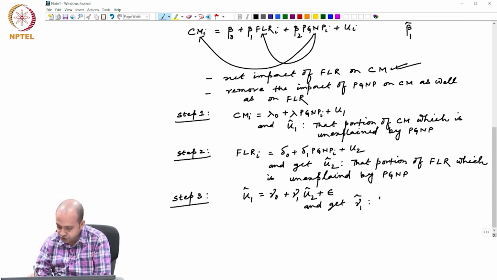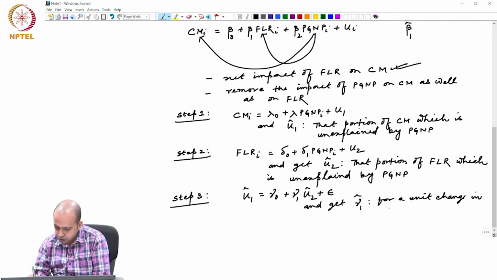That means, the interpretation is for a unit change in u2 hat, u1 hat changes by gamma 1 hat amount on an average.